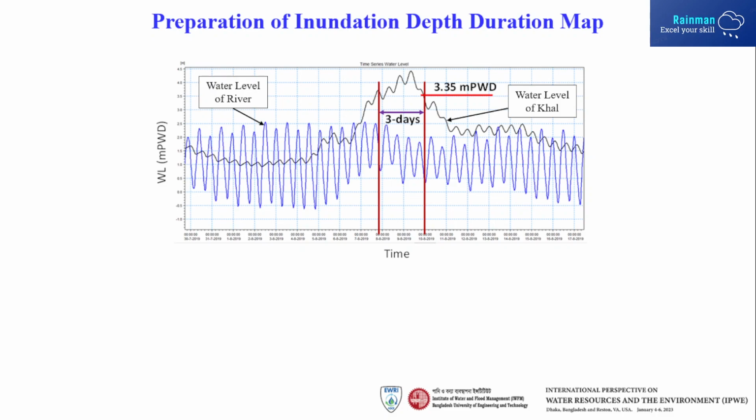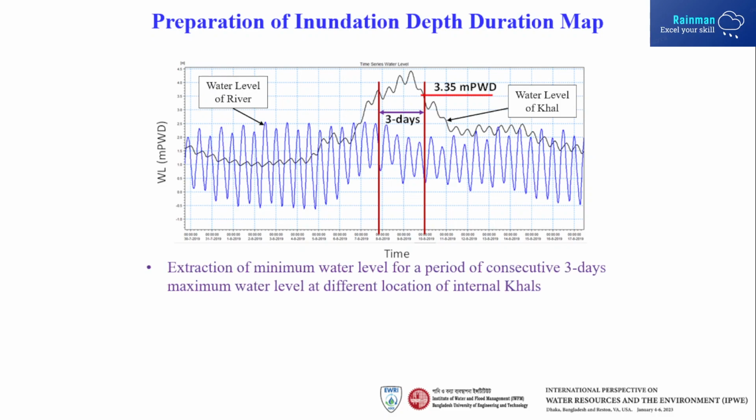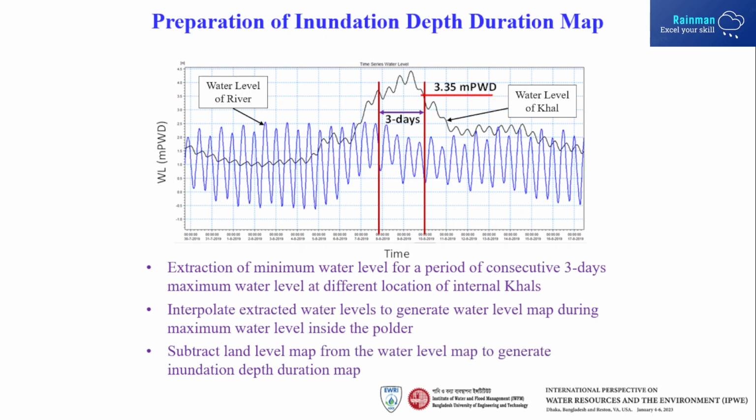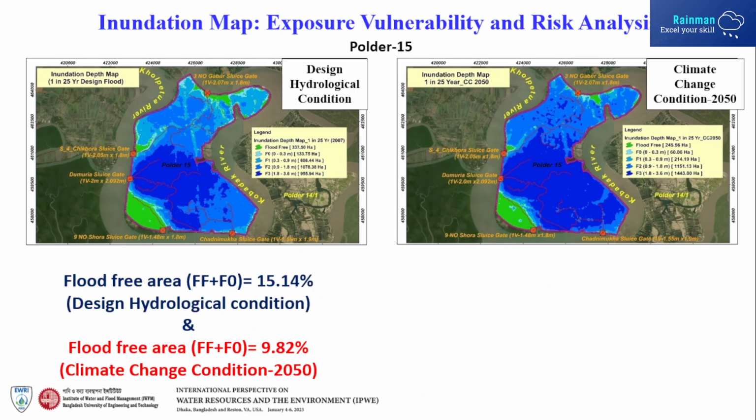So in the graph you can see 3.35 is that value. It's just a sample for understanding. Now after getting this value, we generate the flood map using a GIS tool, and we take the decision for improvement.